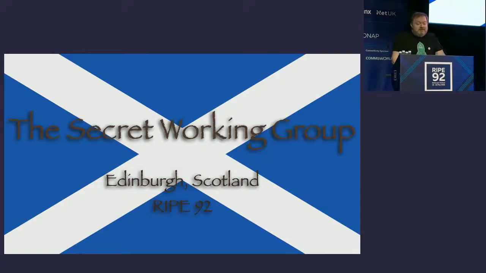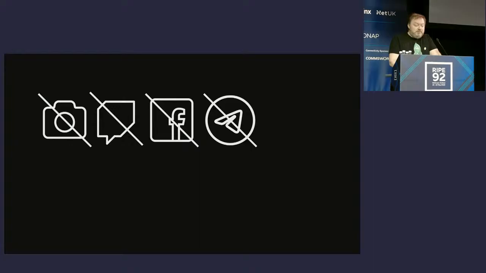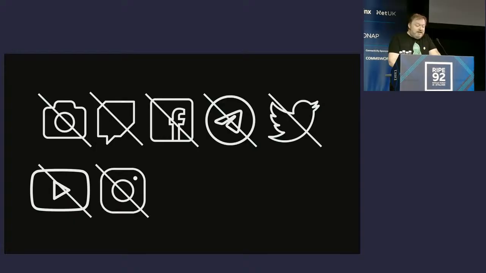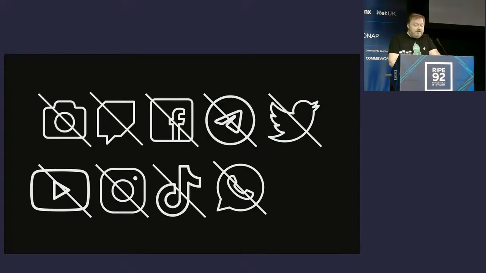So a little bit of the usual thing. This is the Secret Working Group, and that means, and it bears repeating apparently every single time, no pictures, also not from you, Ivan. That means no text messages, no Facebook, no Telegram, no Twitter, no YouTube, no Instagram, no TikTok, no WhatsApp, and certainly no why.